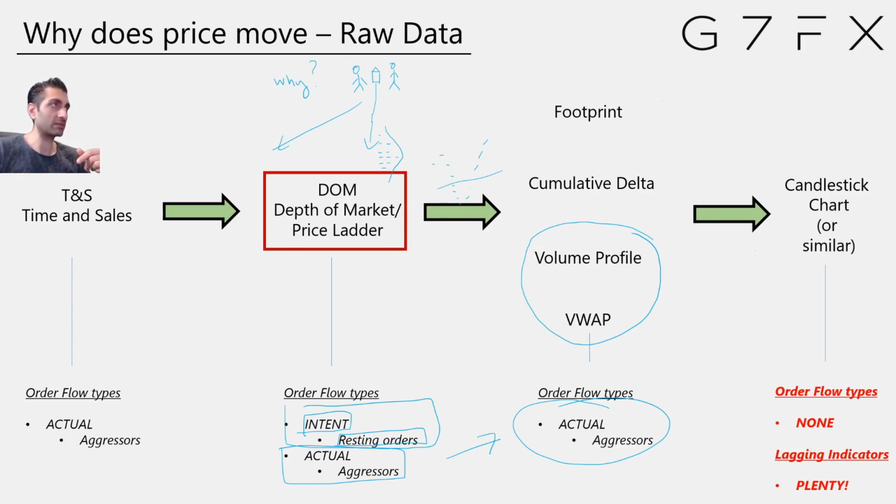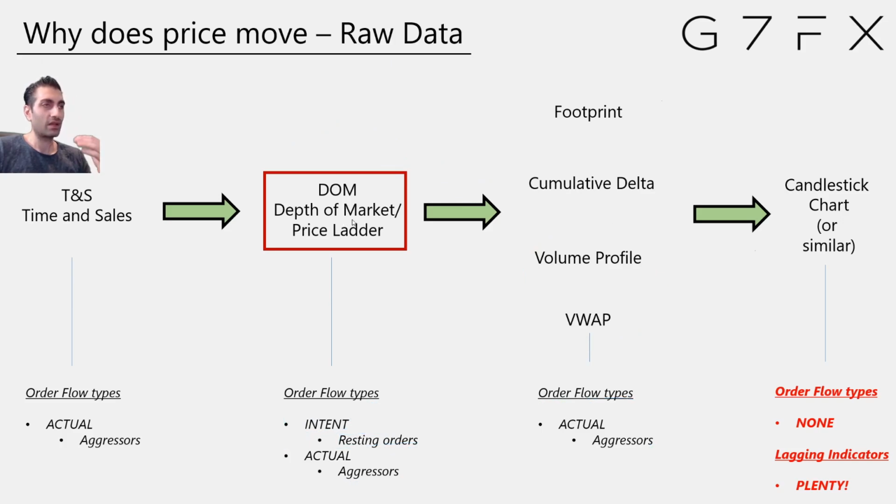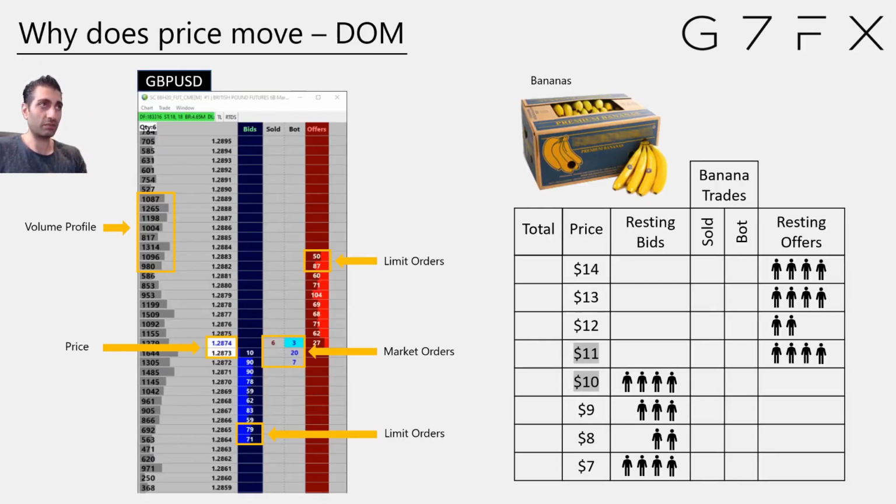So the final thing I really want to say is that, again, a lot of you may be thinking, as I said, you're lost, you don't get what's going on. So what I'm now going to do is proceed to show you the depth of market. So this is the depth of market, but we're going to build it up from scratch.